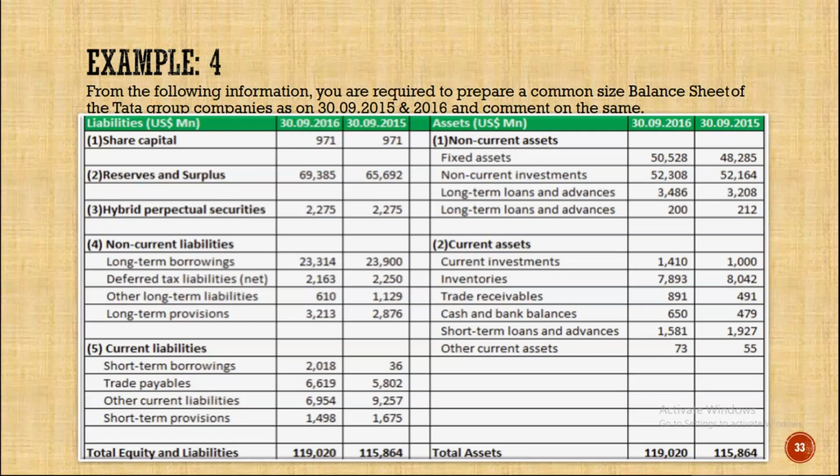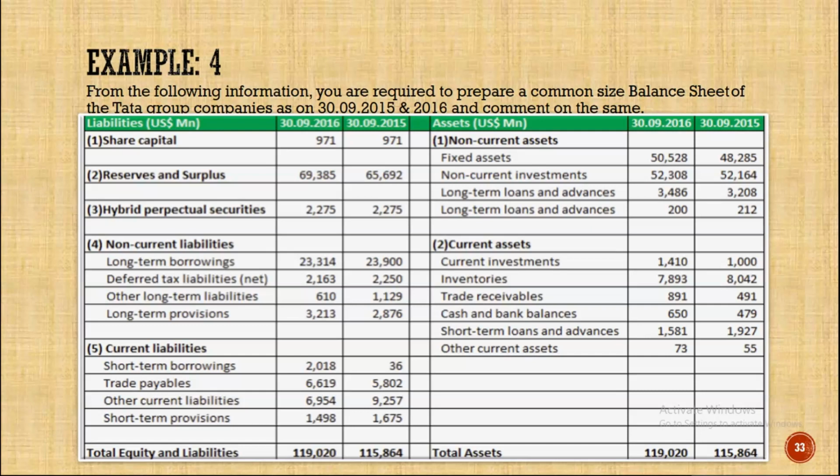So here they have provided you the balance sheet statement in a T format, that is liability and asset. Liabilities are presented on the left hand side and assets on the right hand side. 2 years data they have mentioned: share capital, reserve and surplus, hybrid perpetual securities, non-current liabilities, that is nothing but borrowed funds we can say, and provisions.